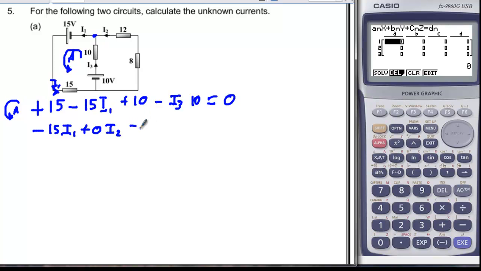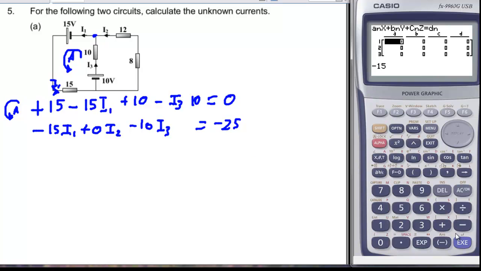Yep, there's 10 of them, minus 10 I3, and there's 15 and there's 10, so that makes 25 on this side, but our calculator says it's going to be on the other side, so that equals minus 25. Done. So there's our first equation, so we can type that into the calculator. Minus 15, 0, minus 10, and that equals negative 25.